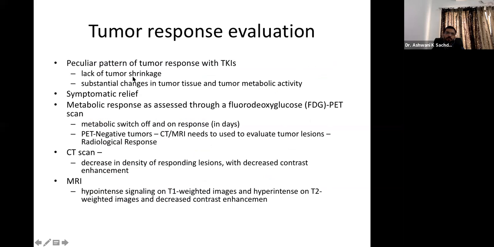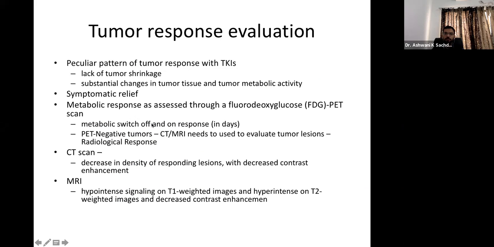So, evaluation of tumor response. With TKI, there is a peculiar pattern of tumor response: there is a lack of tumor shrinkage. Tumor size remains the same, but there is change in the tumor tissue and metabolic activity. If the patient is symptomatic, the first thing is relief of symptoms within weeks of starting the TKI.